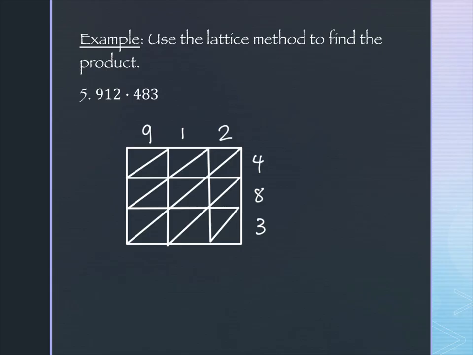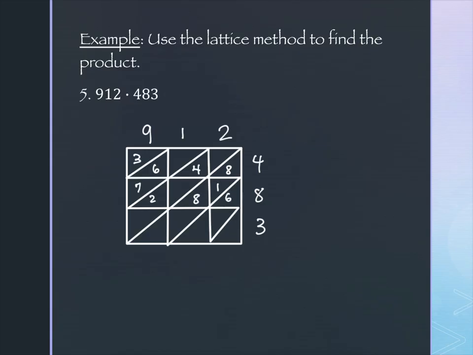Okay, so we're going to do all these multiplications. There's 9 multiplications to do. 9 times 4 is 36. So 3 in the top, 6 in the bottom. 1 times 4, 4. 2 times 4, 8. 9 times 8, 72. Good job. 1 times 8, 2 times 8.